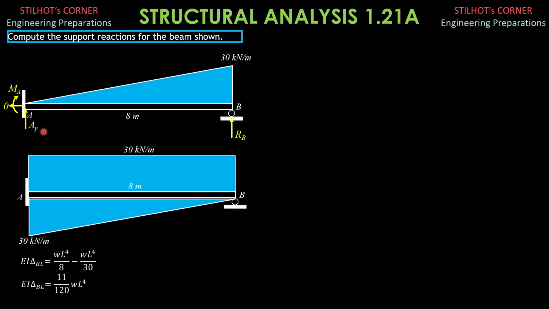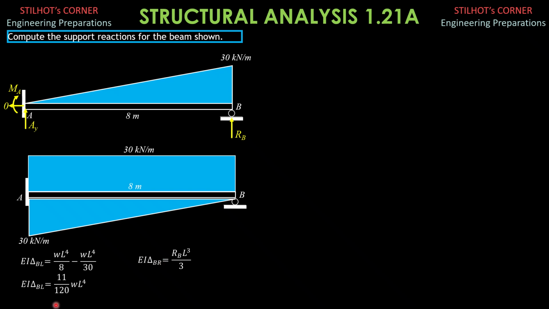That's the positive direction of moment. So therefore, due to the reaction R sub B, the deflection at B, EI delta B due to reaction, is RB L cubed over 3, where L is 8 meters.